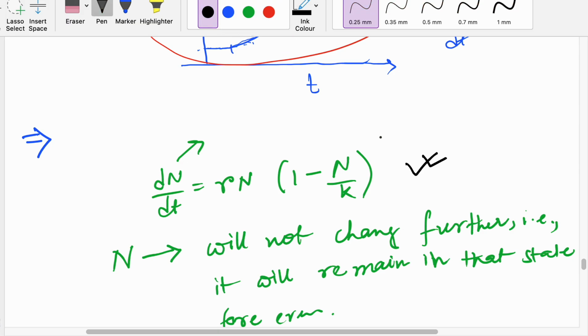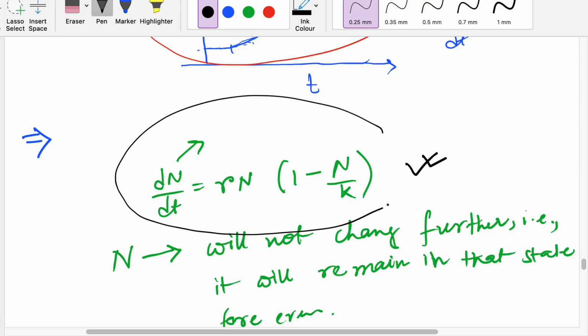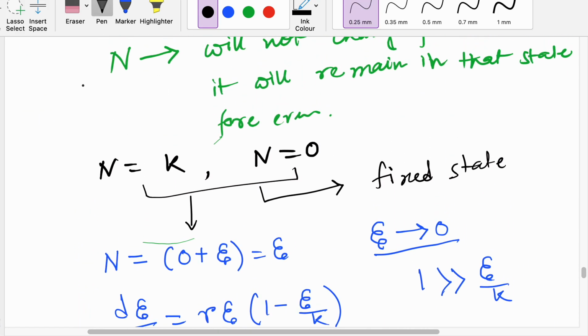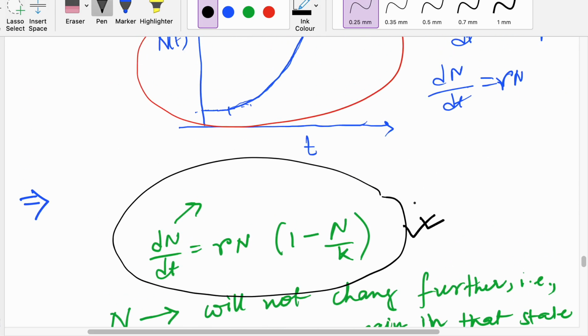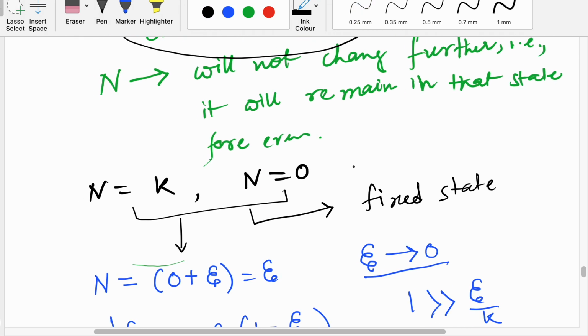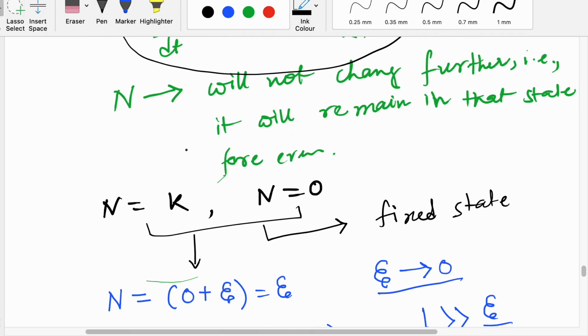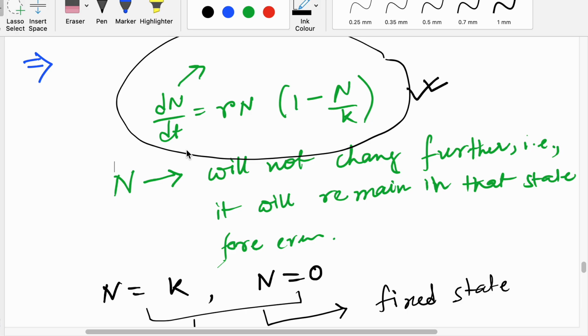Now, for clarity, I want to say that this linear stability analysis is to show you only the future state, that is, what will be the prediction from this equation. What will be the final state of the population?